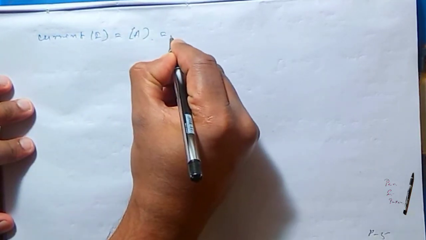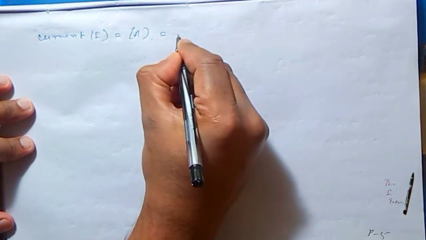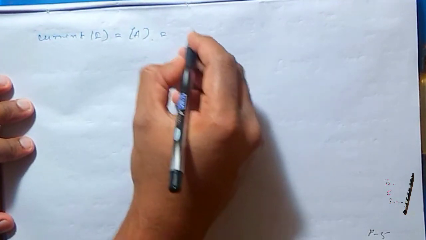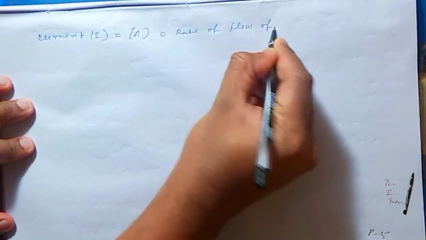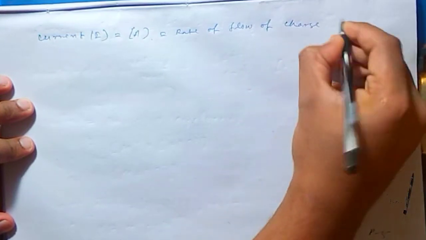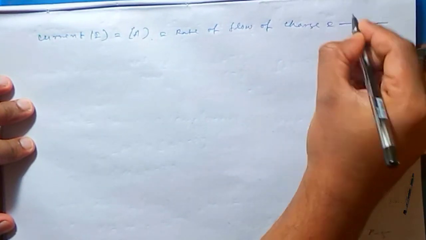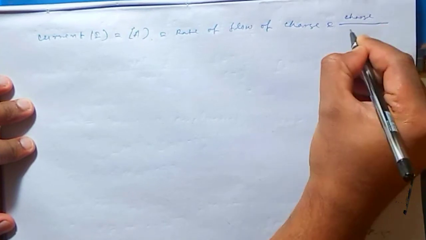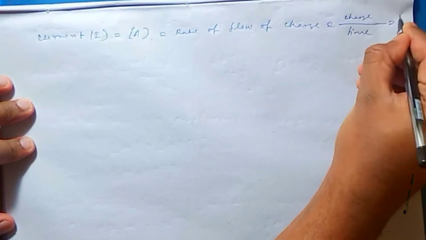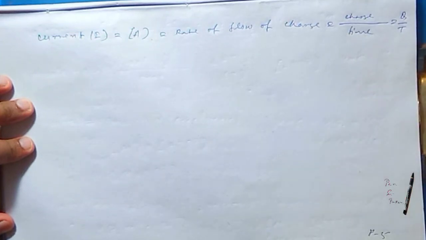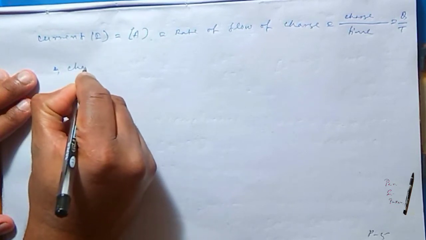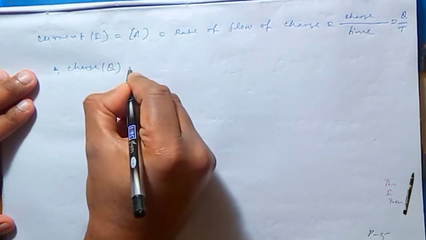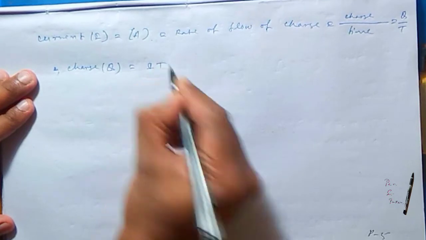Also current is the charge flowing per unit time, the rate of flow of charge, mathematically expressed as charge per time, Q by T. Or we can express the charge Q as current into time.